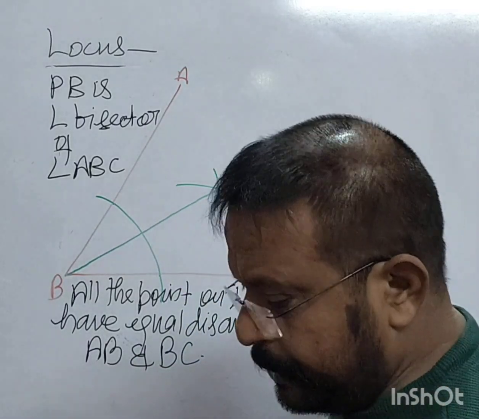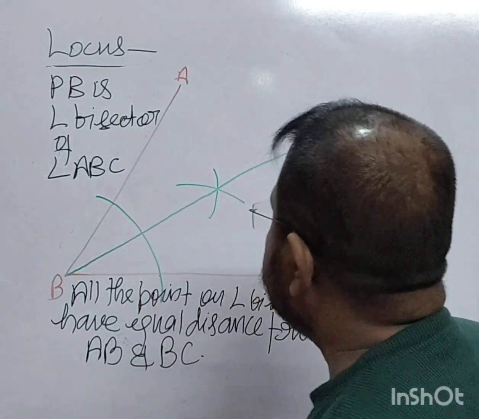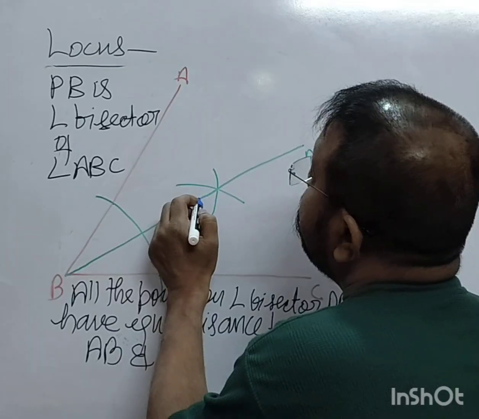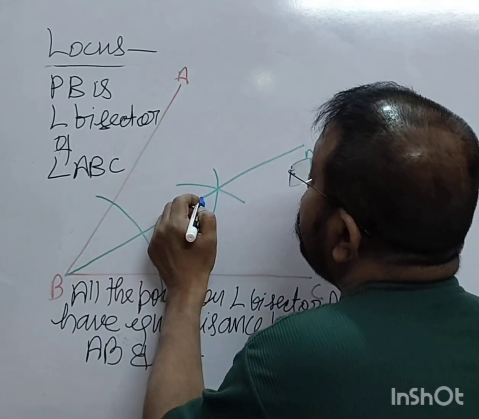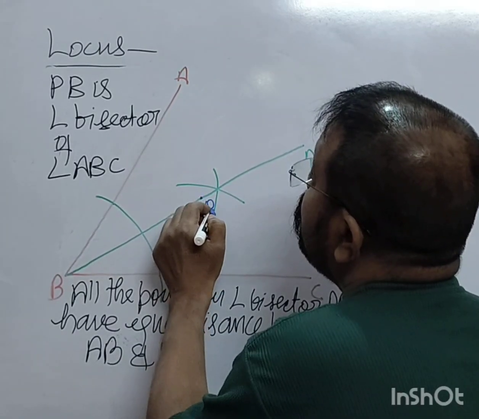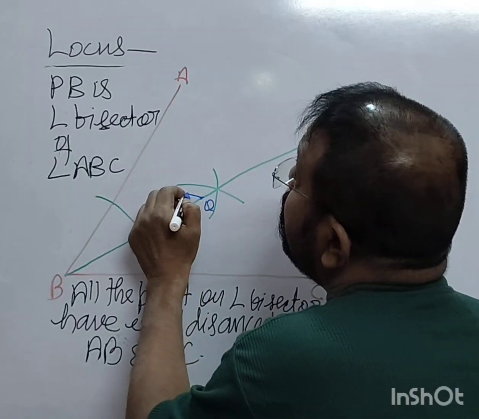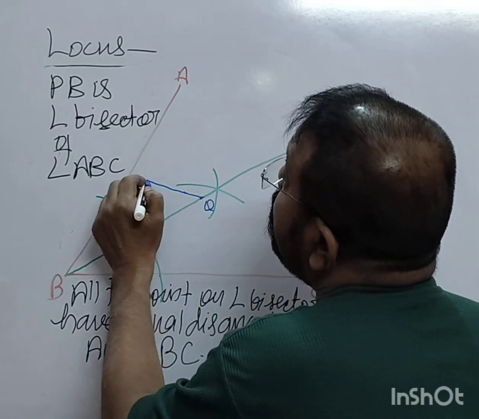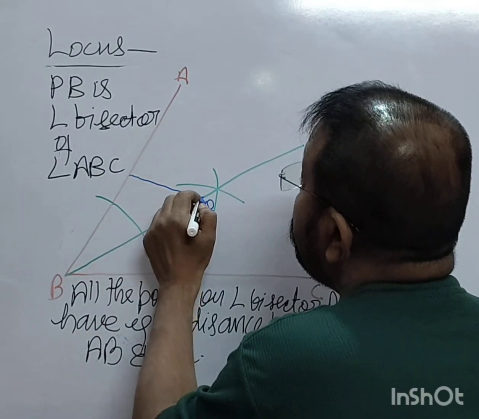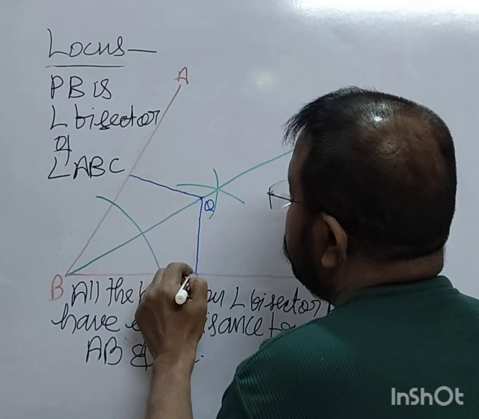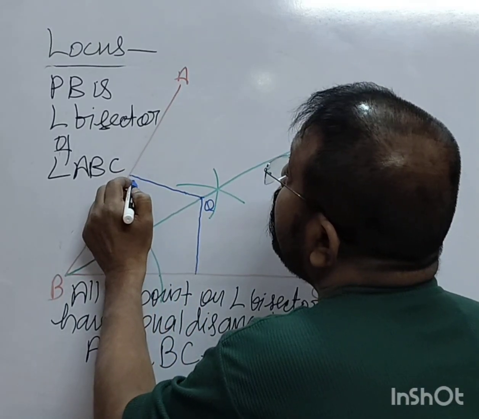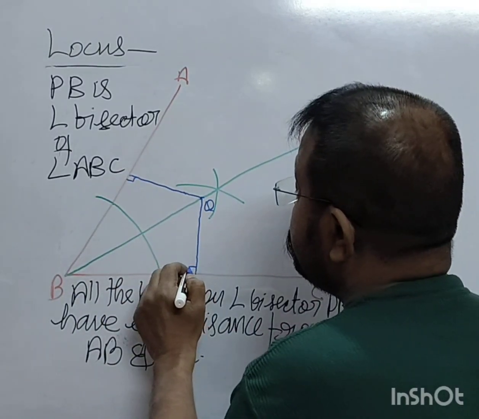Right? You just look here. Suppose there is a point P. There is point Q. So you draw a perpendicular from here, and you draw a perpendicular from here. Right? They are now 90 degrees and their distance remains the same.